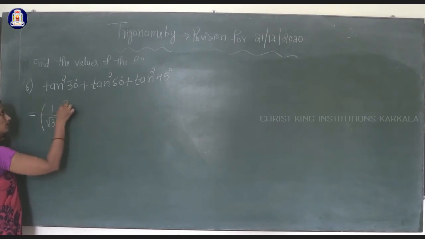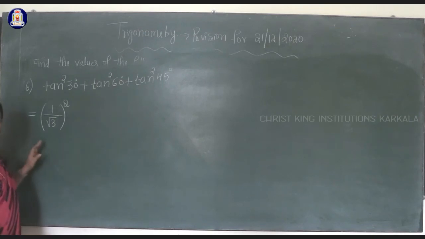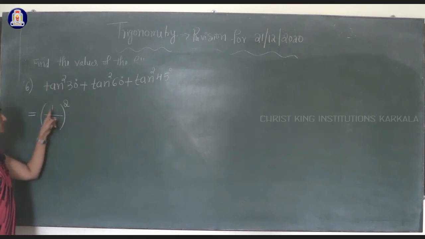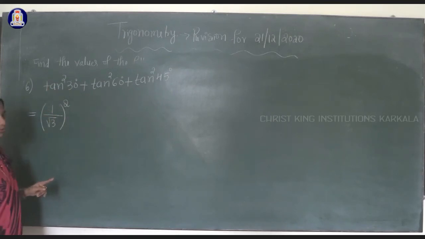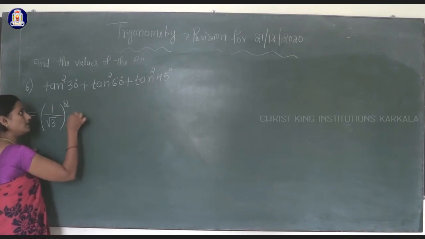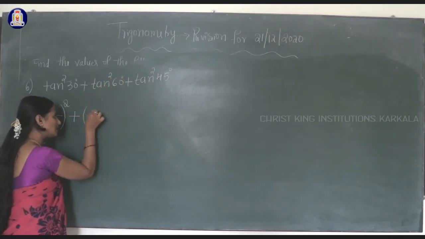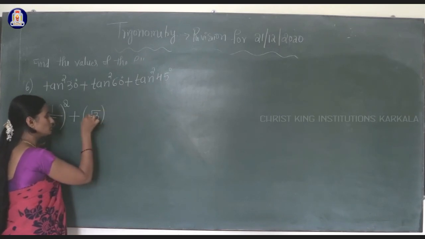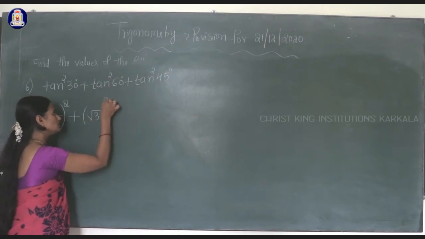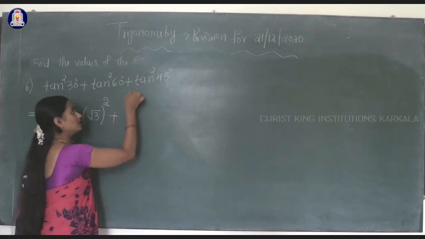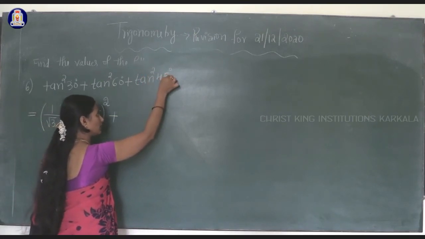So tan square 30 is 1 by root 3 whole square, plus tan square 60. What is the value of tan 60? Root 3. So tan square 60 is root 3 whole square, plus tan square 45 degree.